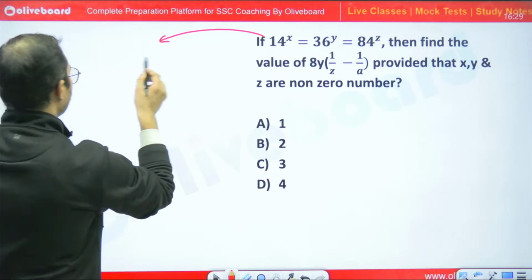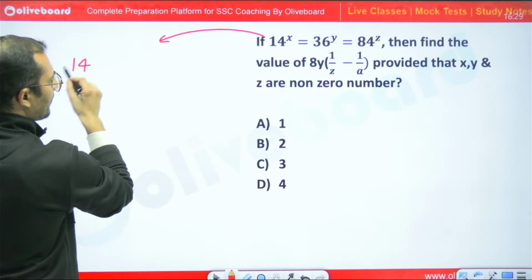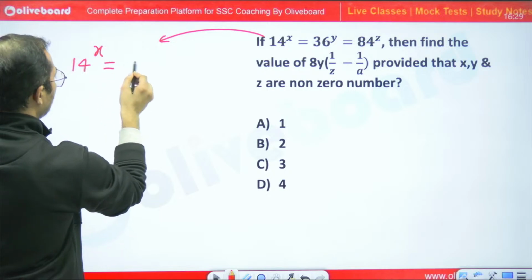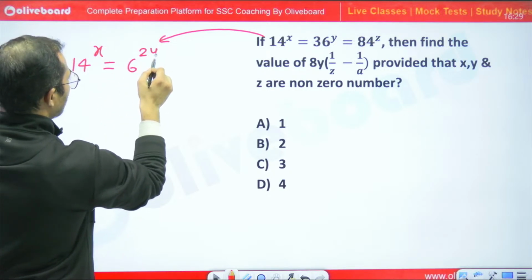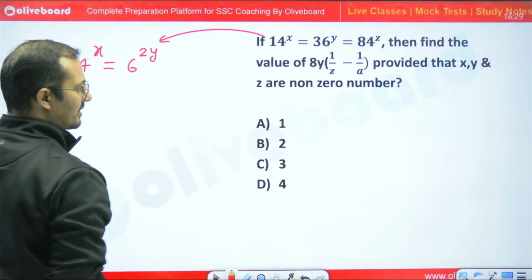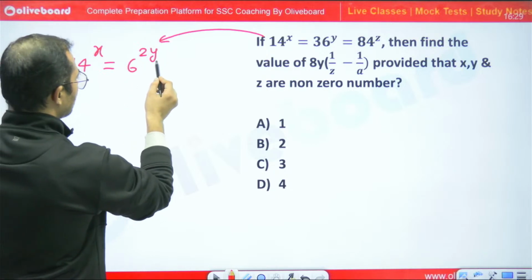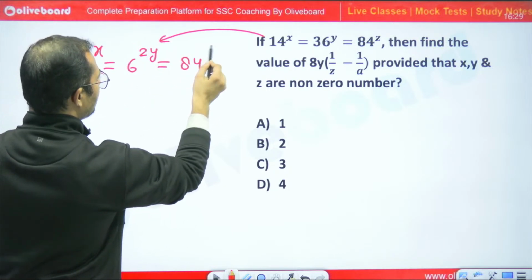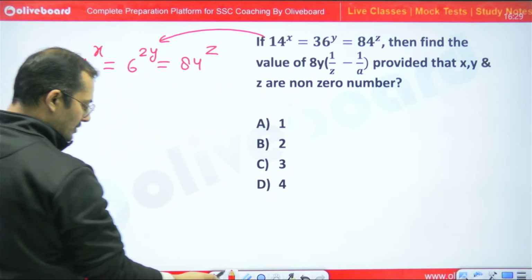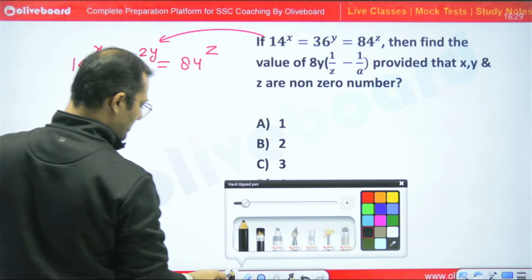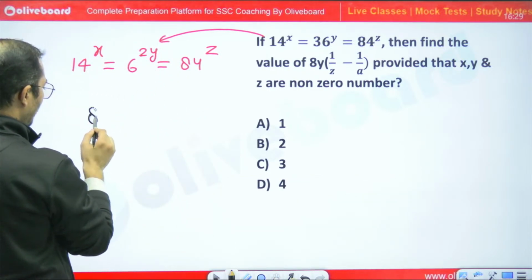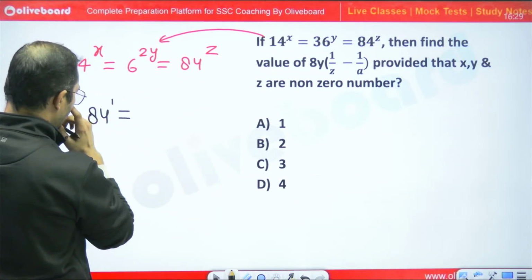See, we can write 14 to the power x is equal to 6 to the power 2y. So 6 square is 36. So this would be equal to 84 to the power z. See the maximum number of base, that is 84.